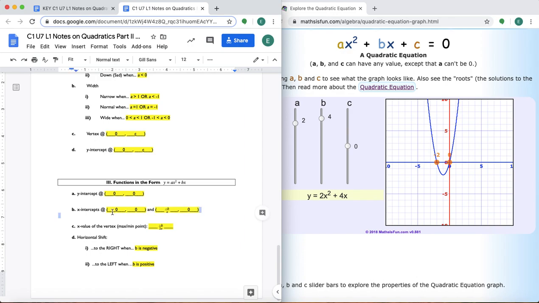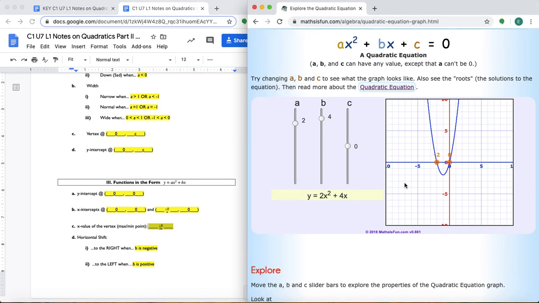Now, these two pieces are good to know, but if you don't remember them, that's okay. There are other ways for us to determine the x-intercepts without having to remember this rule. Same idea for the vertex, the minimum or the maximum point. Notice here, it's going to be at (-1, -2).